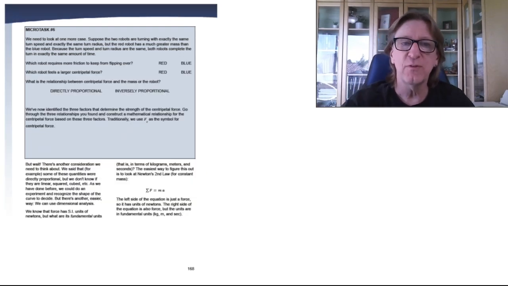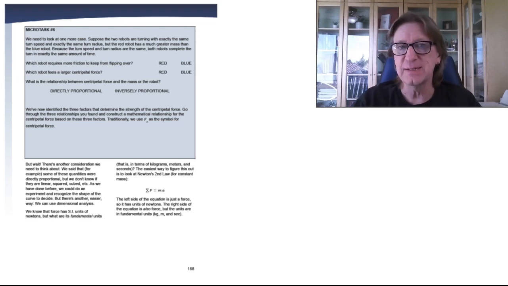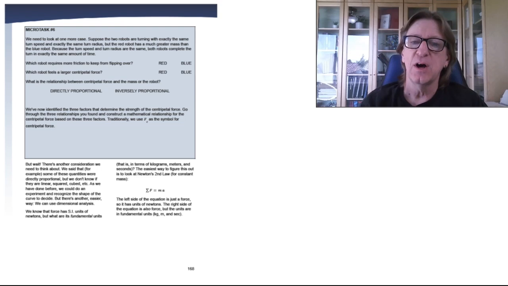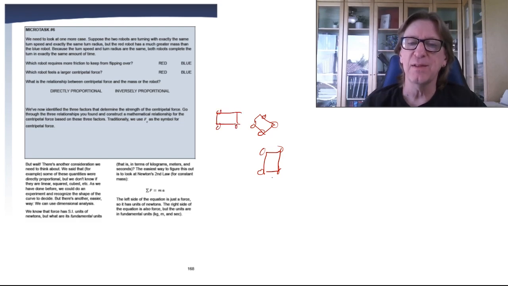So we've got one more physical quantity that we need to look at, and that's the mass. All right, suppose we have the two robots are moving on exactly the same path. So my red robot is here, and then it's here, and then it's here. And then we're going to have the blue robot move on exactly that same path.